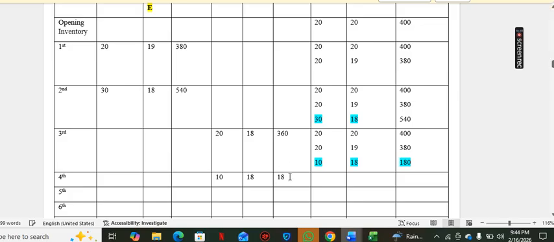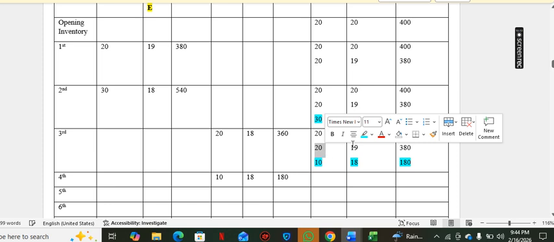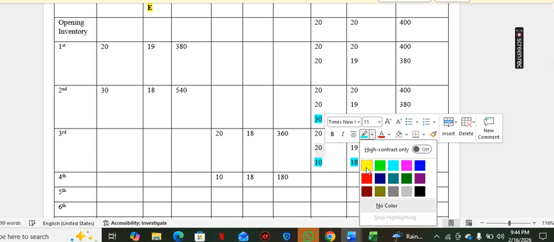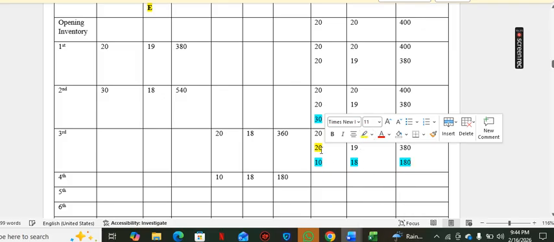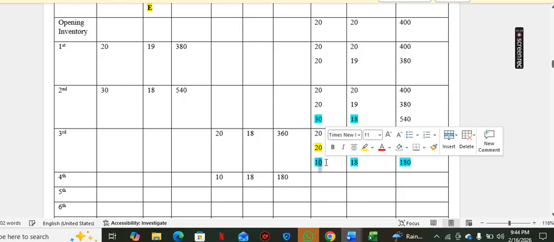Once we are done with this batch, we are going to come to the next batch, which is latest. It's this batch of 20 units. We're going to remove 5 units from them, because we issued out a total of 15 units. So the first 10 was from the latest batch. We're done with it.